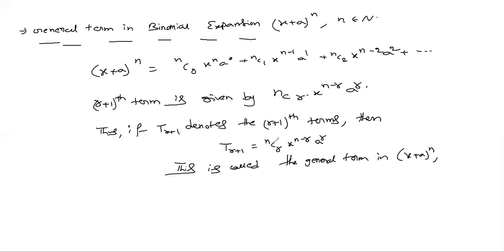Because by giving different values for r, we will get all the terms in the expansion (x + a)^n. r runs from 0 to n. That's why we can take T(r+1) = nCr x^(n-r) a^r as the general term in the binomial expansion.